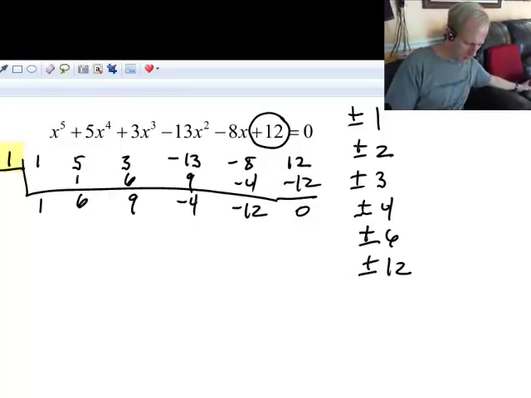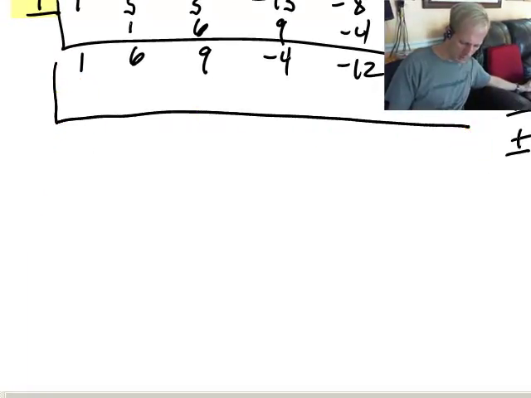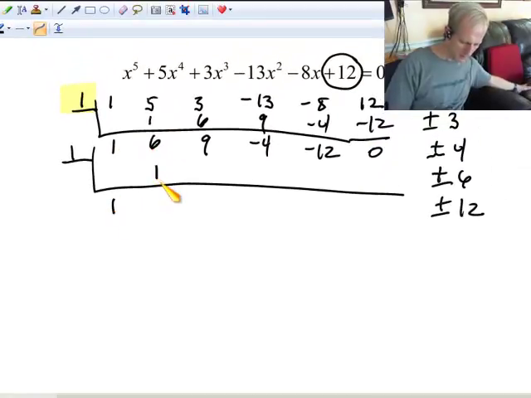Okay, so if one number works, you should always try it a second time. So let me see, I'm going to try it again, and I use the output of the previous synthetic division. Hopefully this will work. Yes, it does.